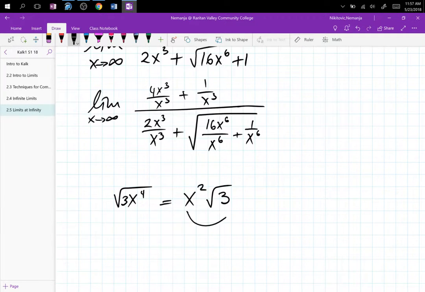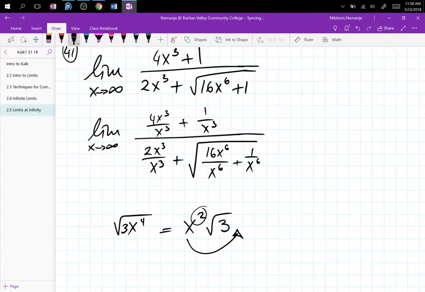Well, if I need to stuff it back in, the square root will double the power. So if I'm dividing everywhere by x cubed, and that x cubed has to undergo square root, well, it will pick up double the power, and that's why 6 shows up.